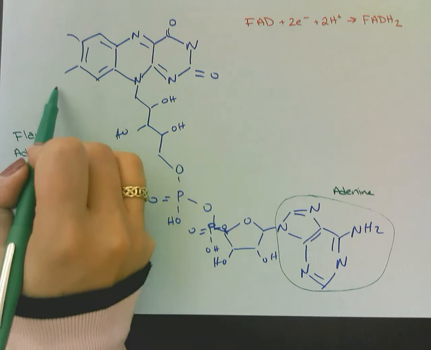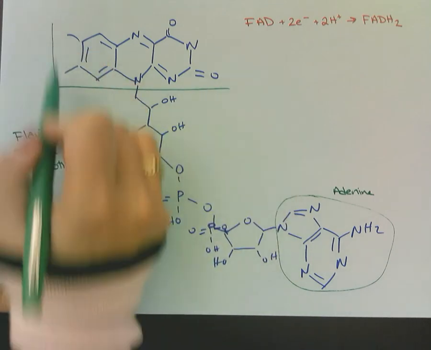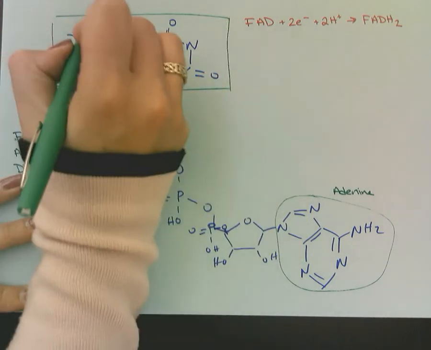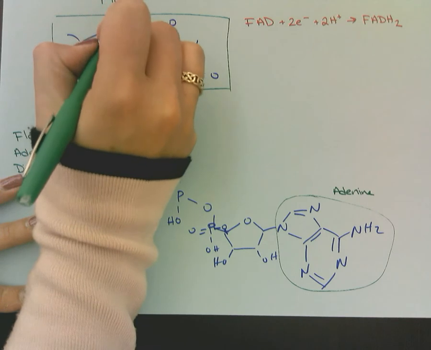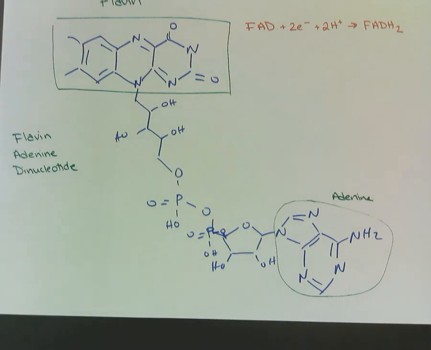This guy up here is a flavin. Then we have our same ribose, which makes this a dinucleotide, and this flavin functionality attached to that long chain. It's the reason the other part's called dinucleotide.